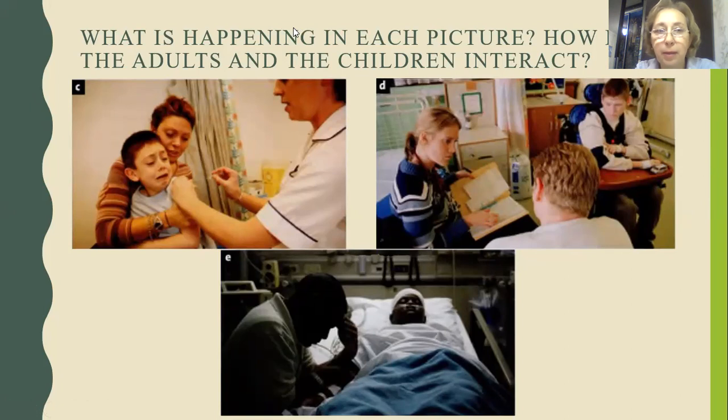Yes, something like that. They are maintaining a record. In picture D, there's a possibility that the doctor is explaining something to the mother about the child's current condition, or maybe a routine, how to take medicines.